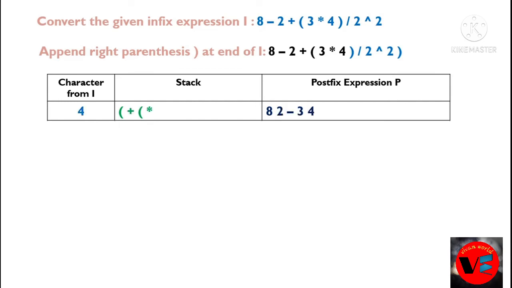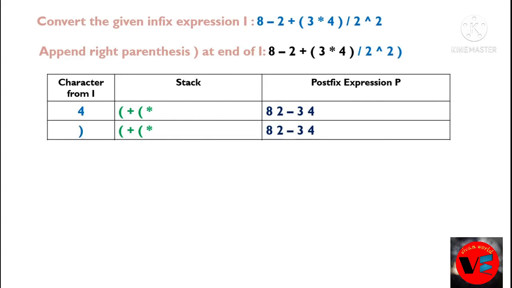Now after 4, the next one is the right parenthesis. Whenever we get a right parenthesis, we have to pop all the elements from the stack one by one till we get a left parenthesis. So here in the stack, we have one operator, which is star, multiplication, that needs to be popped and has to be kept as a part of the postfix expression.